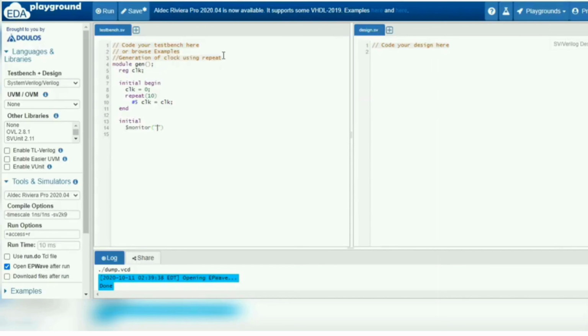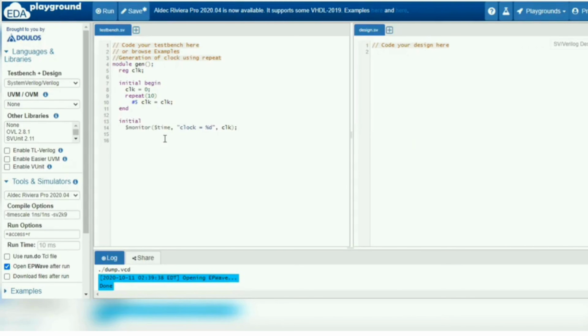I want to display the clock, and $time to display the simulation time. I'm considering the system task $time, and here there is no need to take any $finish, because it will automatically terminate the loop after reaching whatever value you are considering in repeat.